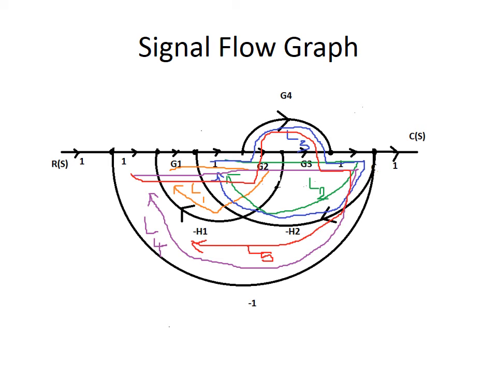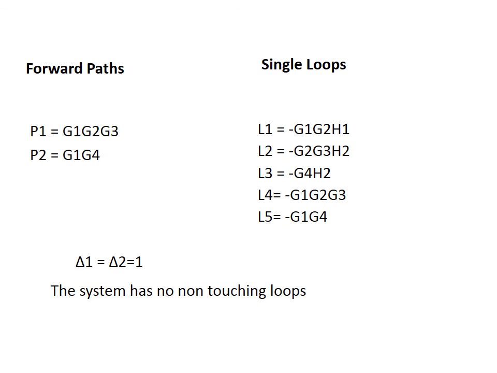We have L3 as G3 minus H2, and then we have L4 as G1, G2, G3 minus 1, and then we have L5 as G1, G4 with a minus 1. So these are the 5 loops that can be identified in this particular problem.